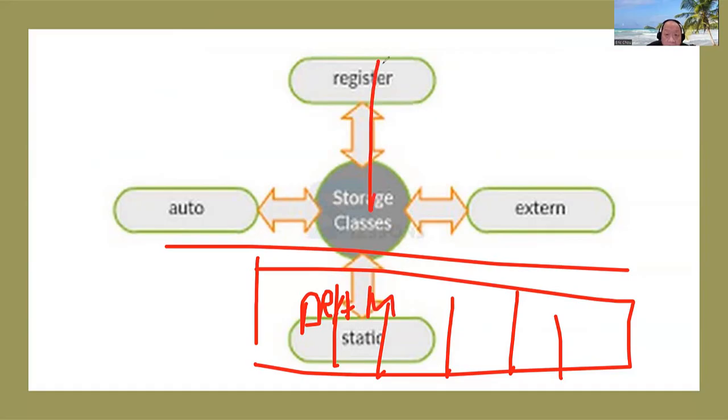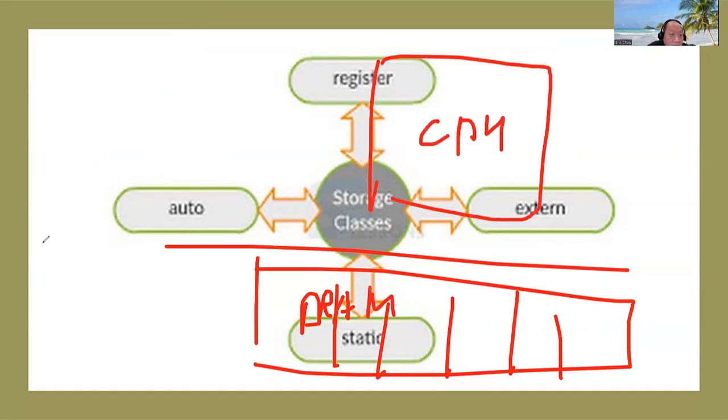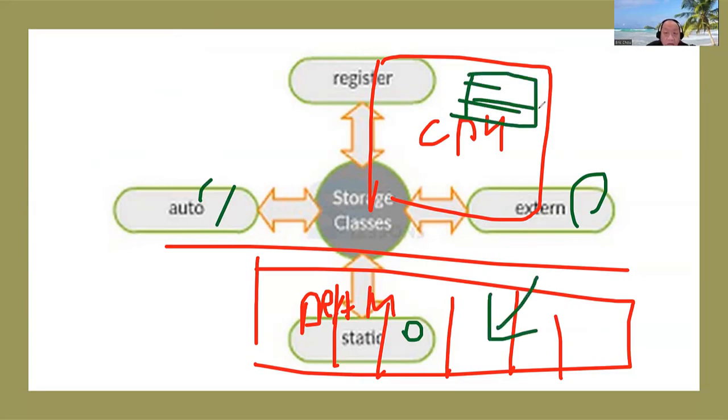You have a memory bank, you have a CPU. So when you say external or auto or static, these three are all in DRAM, but register is in the CPU. So which is the fastest one? The register variable is the fastest one because it's right in the CPU. You do not need to go to another IC chip to get the data.